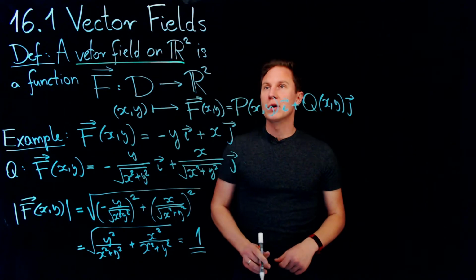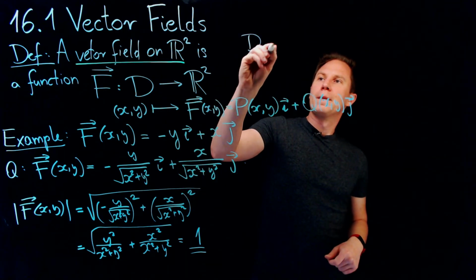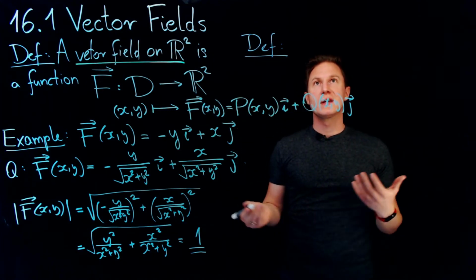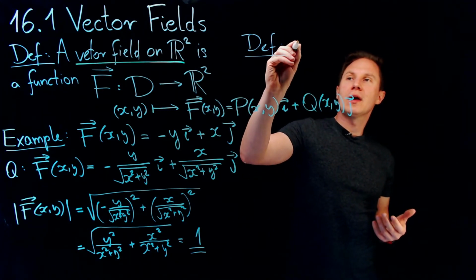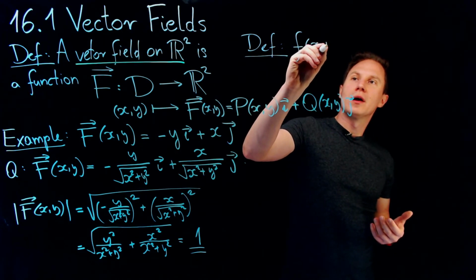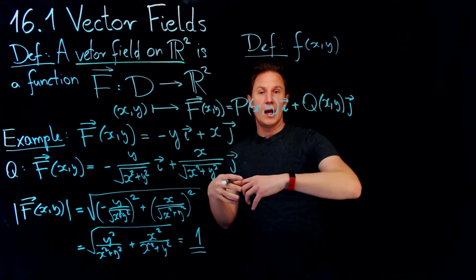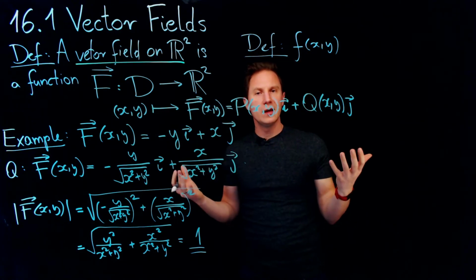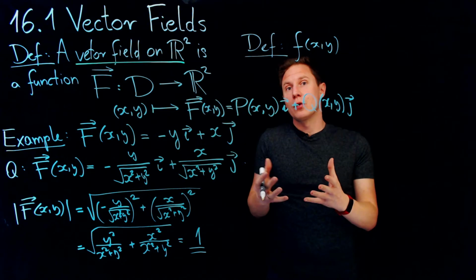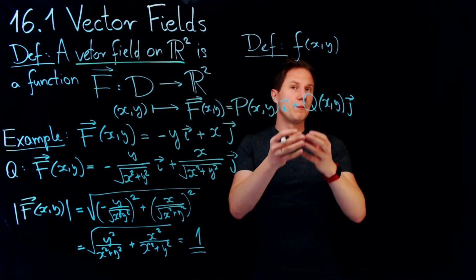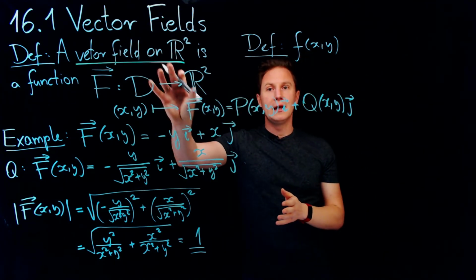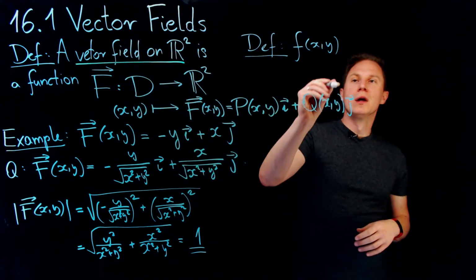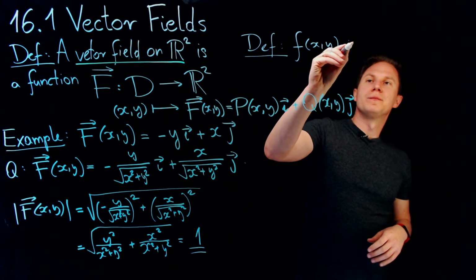Okay, a few more definitions before we end this video. An important definition is a gradient field. If you have a function of two variables, you can make a vector field out of it if you take its gradient, and that is something we've seen before. The gradient vector of a function f may be defined in a region of R2, maybe in the entire plane R2.